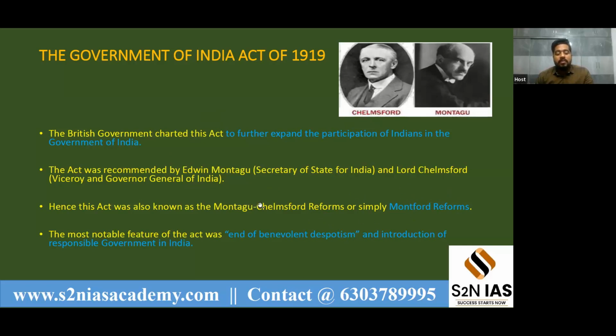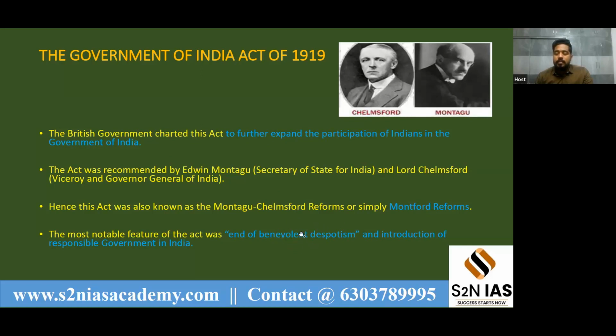The most notable feature of the act was the end of benevolent despotism and the introduction of responsible government in India. Yesterday, I already told the concept called white man's burden. The end of benevolent despotism concept is also similar to the white man's burden concept.